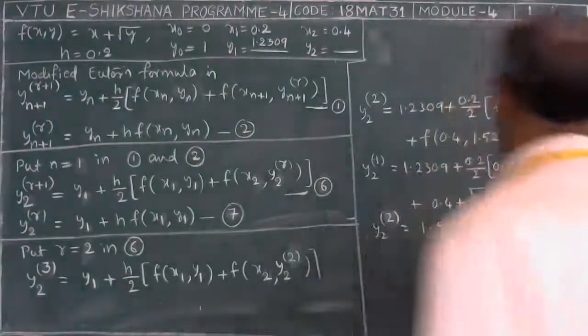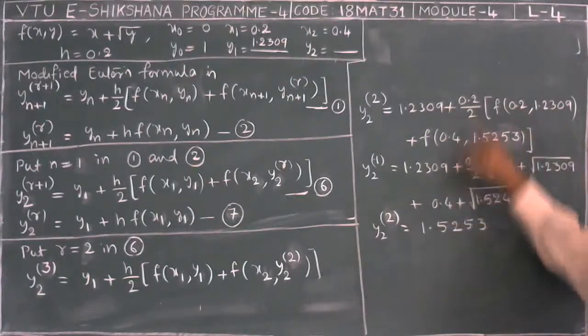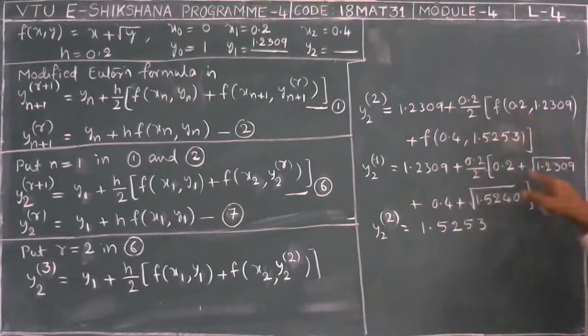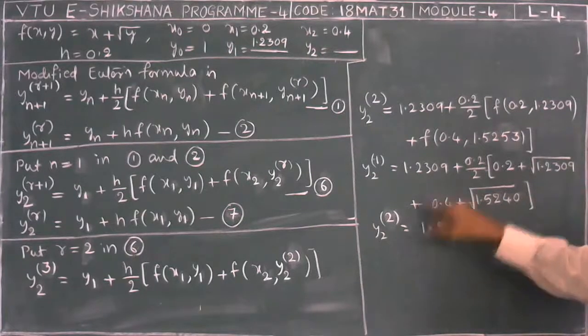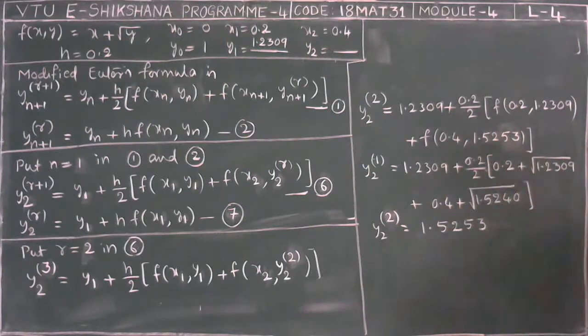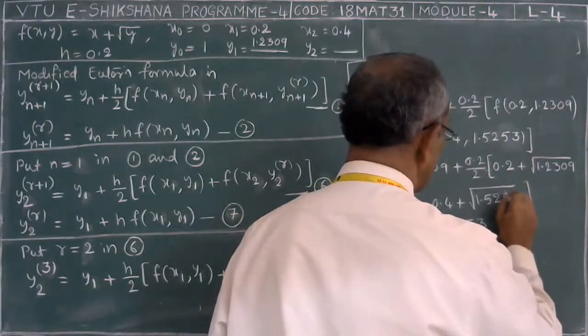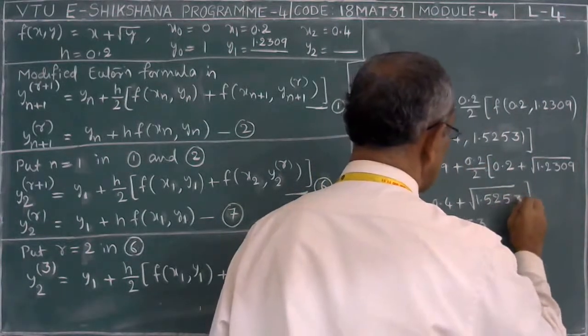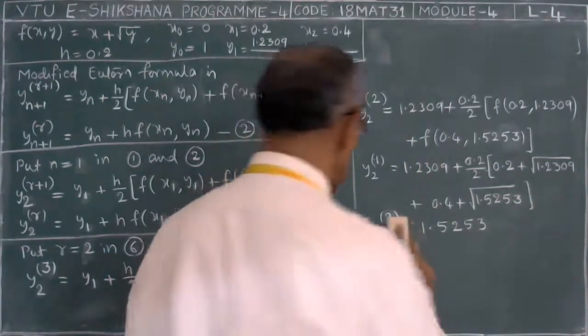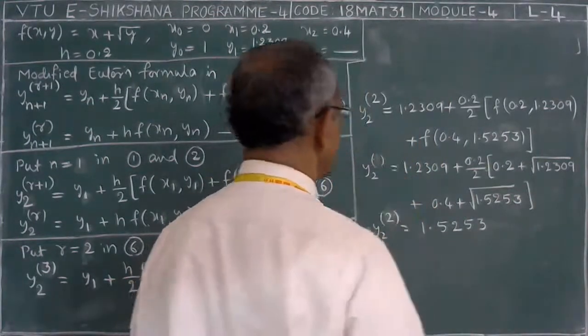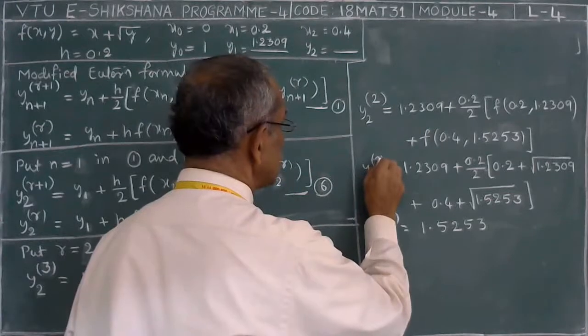Again, after the definition, 1.2309, 0.2 by 2, 0.2 plus root of 1.2309, plus 0.4 plus root of 1.5253. And if you carefully compute, you get y2 3.